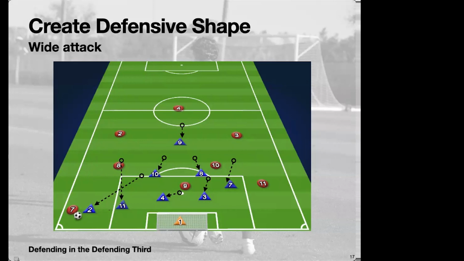Or maybe the 7 is looking at the 10, the 3 is looking at the 9, maybe the 3 is looking at the 10, but who's looking at the 11? And what is the body position? So unless somebody has eyes on the back of their head, if I'm the 7, I'm putting that far post. And in that position where he is, he's also great because he can either run onto it, or when the defender flicks it out too wide, he's there to serve it right back in.